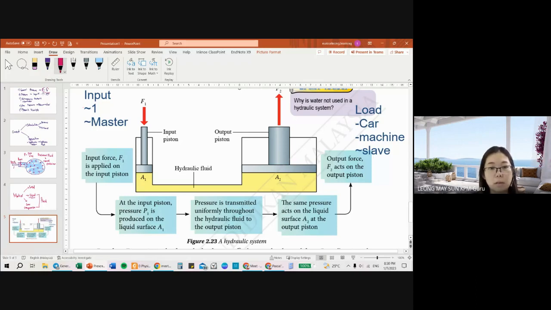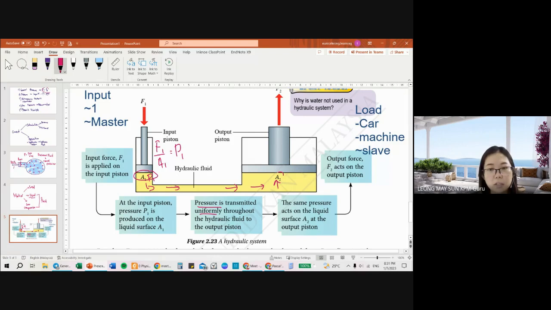Okay, so when a force is exerted onto a cross-sectional area A1, it will create a pressure P1. And this pressure will be transmitted equally. So here is where P1 is produced. And according to Pascal's principle, the pressure is transmitted uniformly throughout the hydraulic system. So it will move towards this area too.